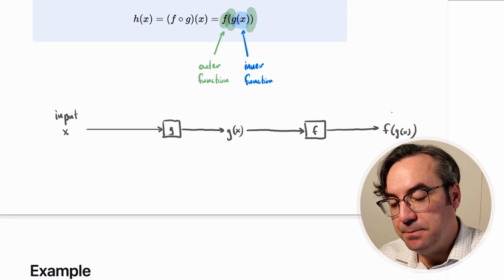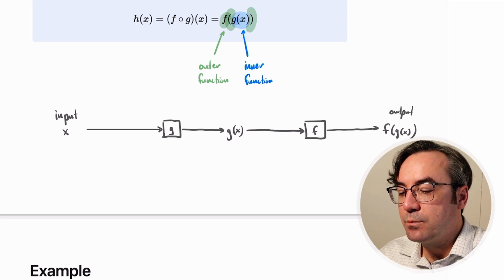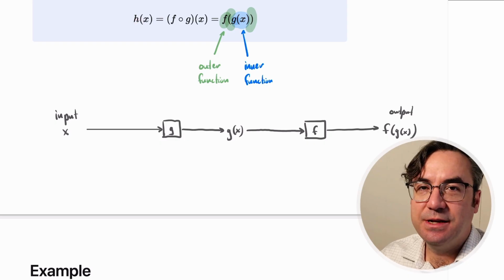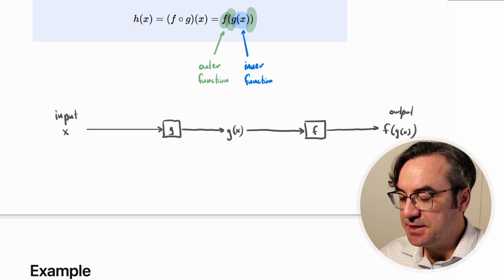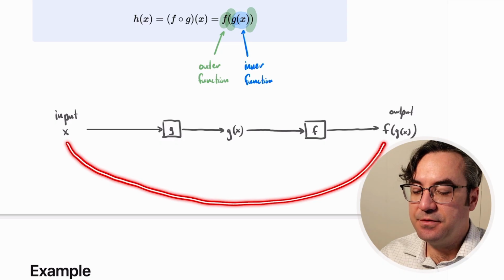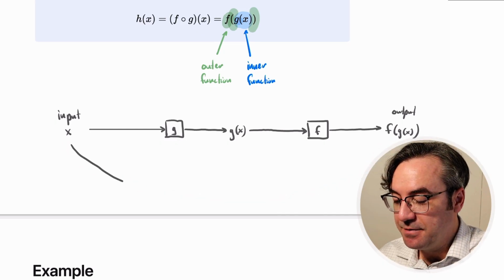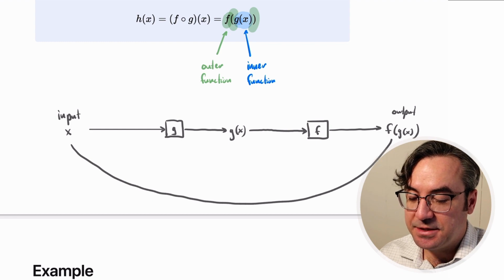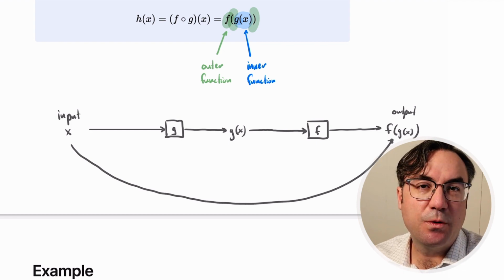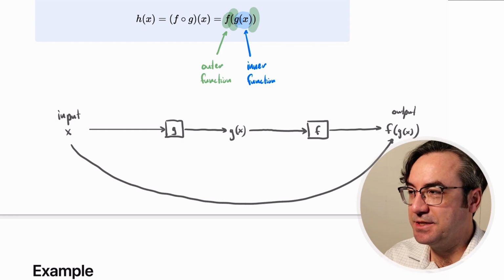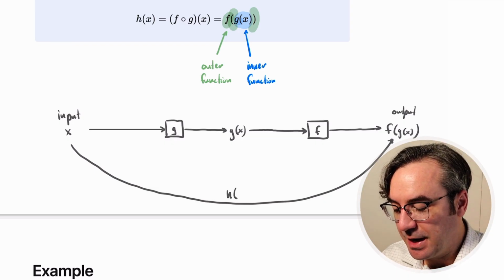That's the final output. So one way to view a composite function is it's the end result of this entire assembly line. So we're taking x, and then we're just seeing what we get after it goes through this entire process. So this is how we can view our composite function.